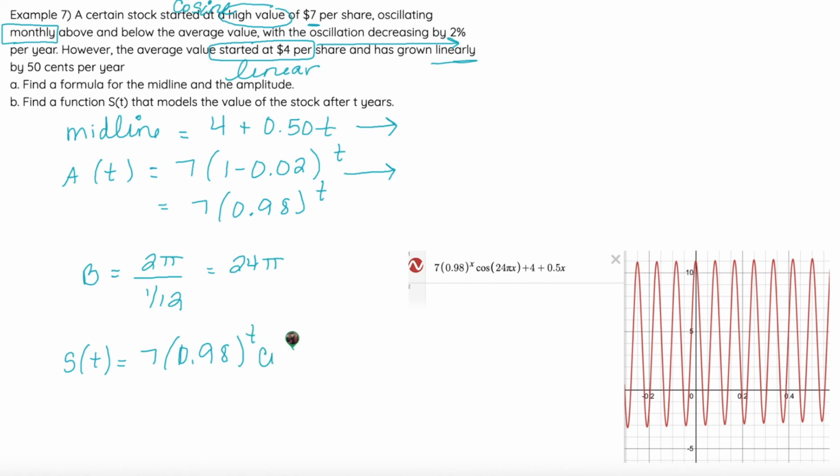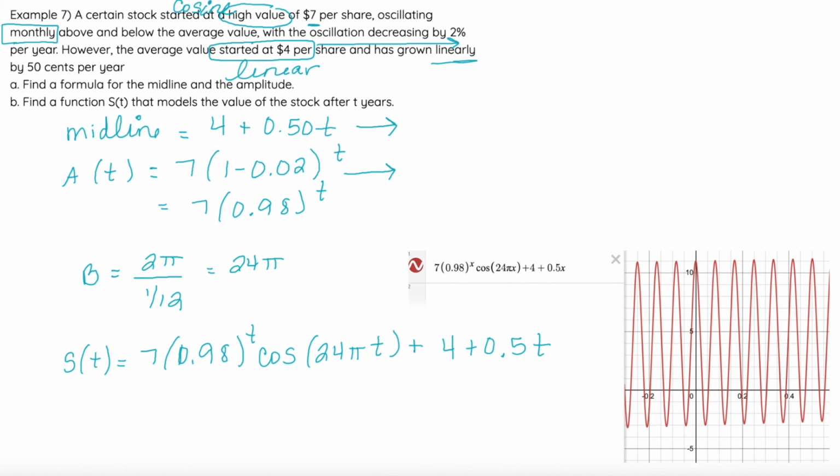Since we're starting at the high value, we said we were going to use cosine of 24 pi t plus our linear midline of 4 plus 0.5, 50 cents per share.